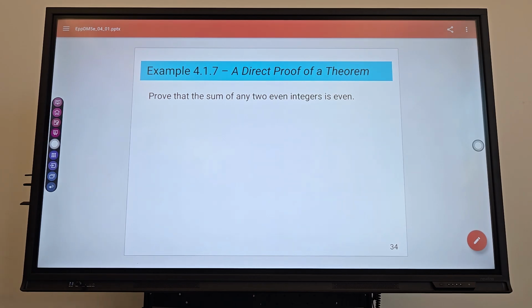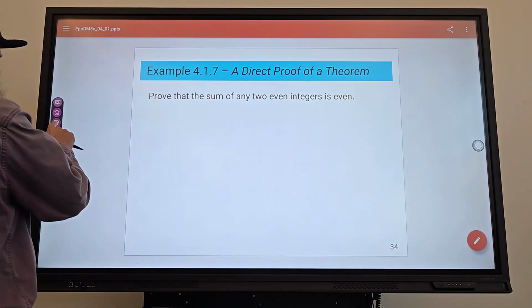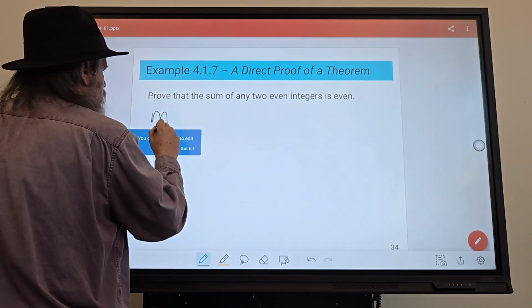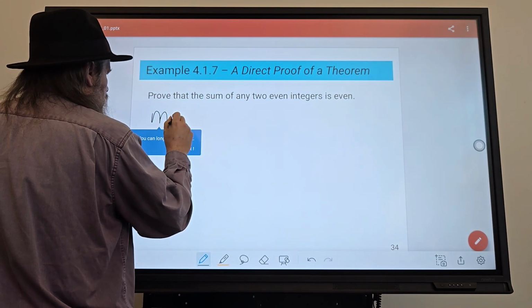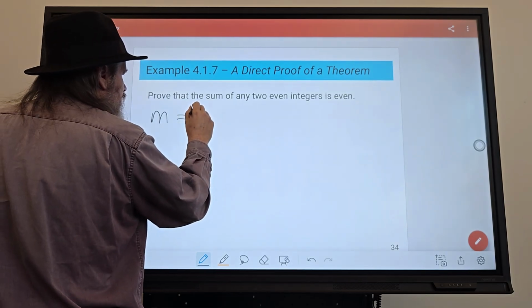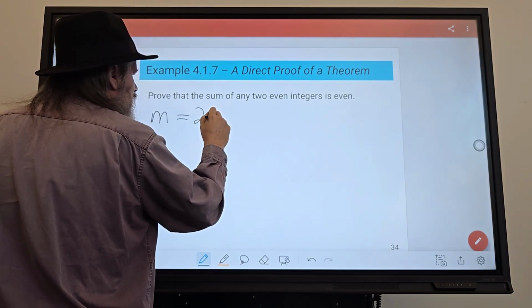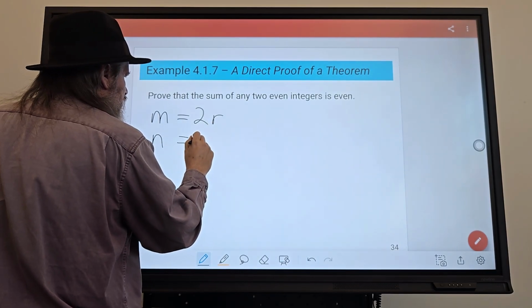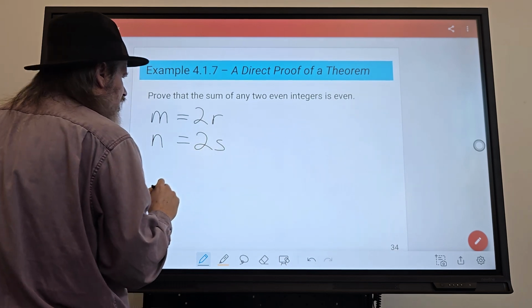Prove that the sum of any two even integers is even. Well, let's see here. Say m and n. m equals 2r. n equals 2s.